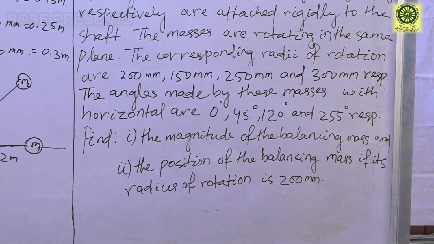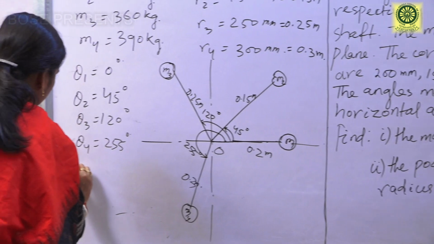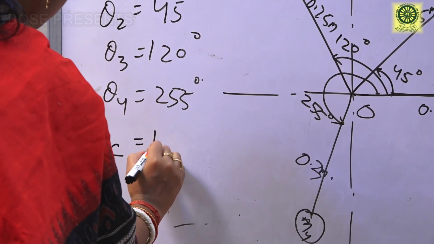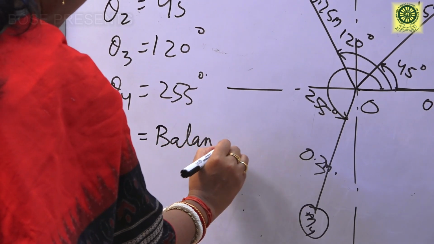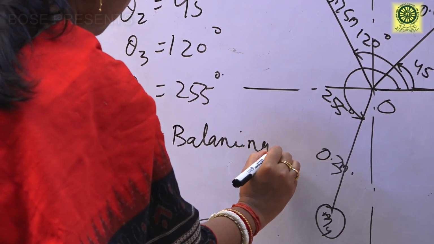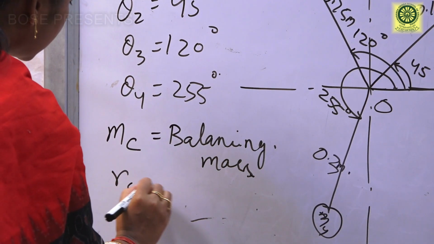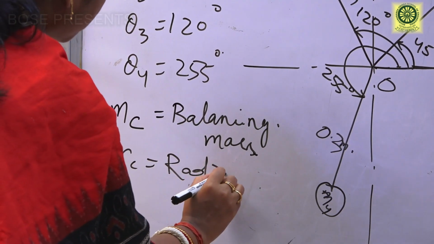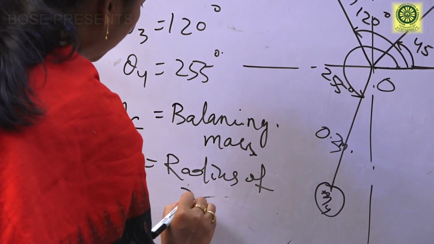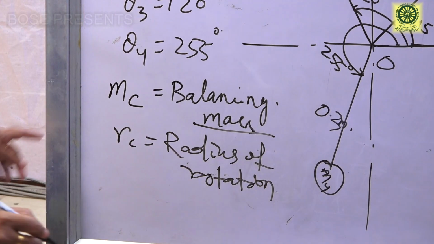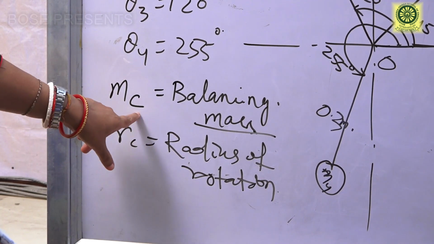So let the balancing mass be denoted as MC. MC is the mass of the balancing mass, and RC is the radius of rotation of that balancing mass, where C stands for counter mass.